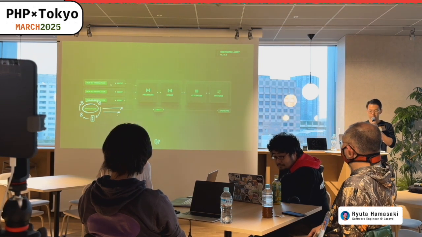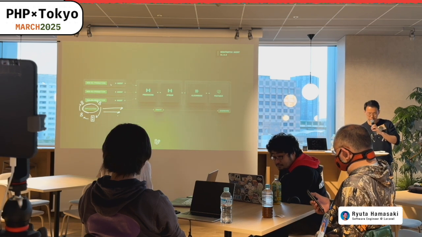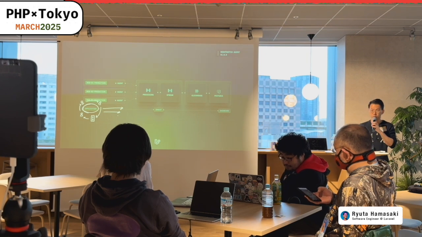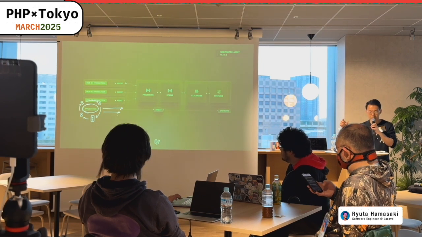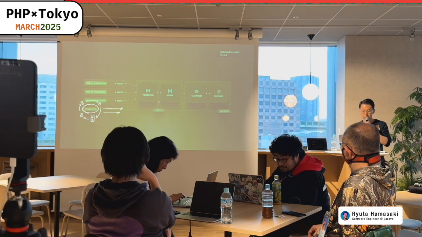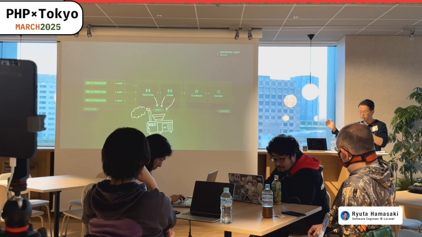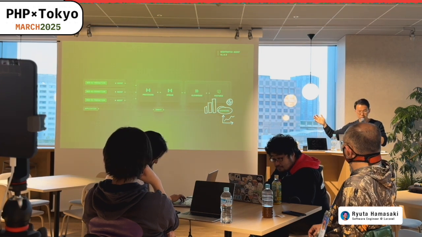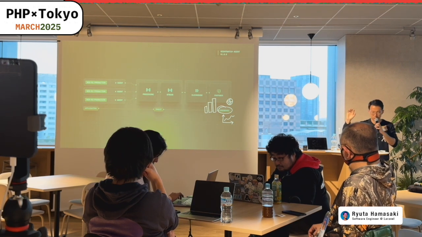And so on every request, for a job, the Nightwatch package collects the performance metrics and sends it to this local agent process. And the agent process batches up the data and sends it to the Nightwatch ingest infrastructure. And there's some data processing here, and the data ends up in the ClickHouse database, which is an analytical database we are using. And you can see the data in the Nightwatch application.